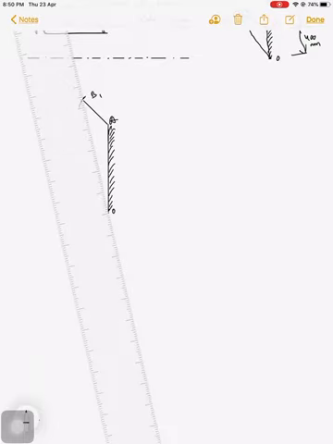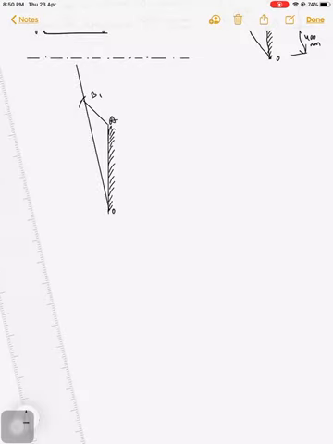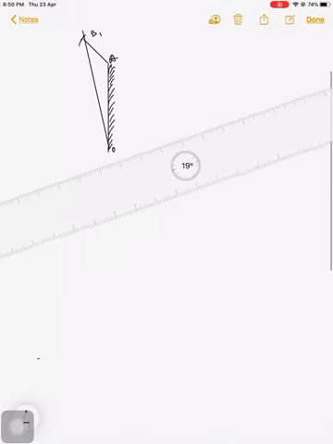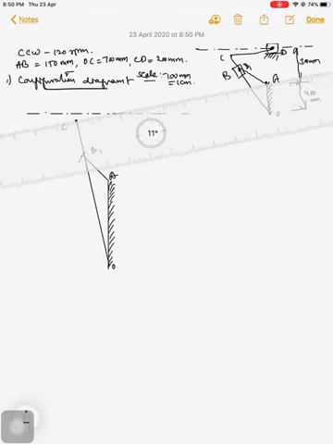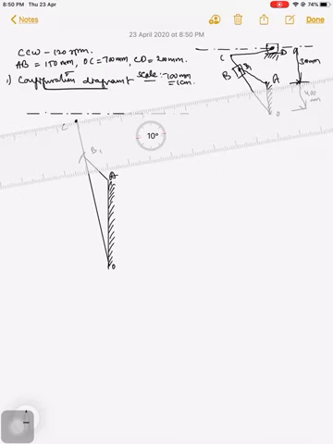Now link OC is 700 mm. So this is point C. From point C, D, that is link CD, is equal to 200 millimeter or 2 centimeters. So it should come on this line of stroke.